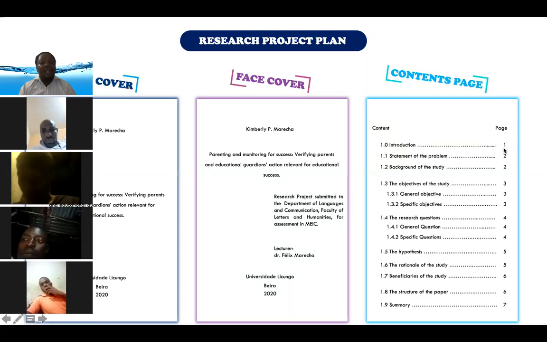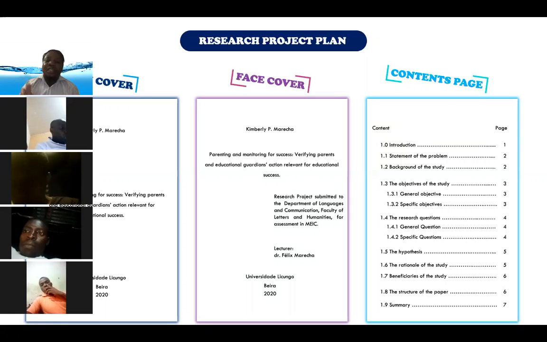So it means that if I open your research project, the first item that I'm supposed to see is the item called introduction, which is numbered as 1.0, and it should be on page 1.